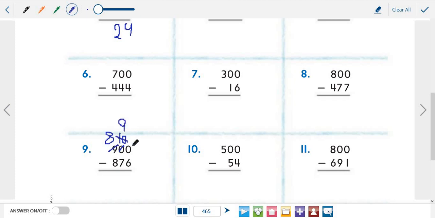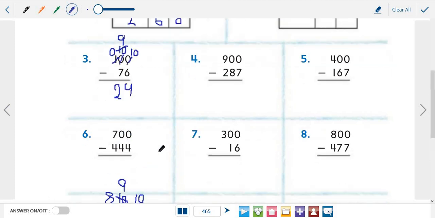So this 10 is gonna be 9. And this 0 is gonna be 10. 10 minus 6 equals 4. 9 minus 7 equals 2. 8 minus 8 equals 0. We get the same answer here. So interesting. It's 24.